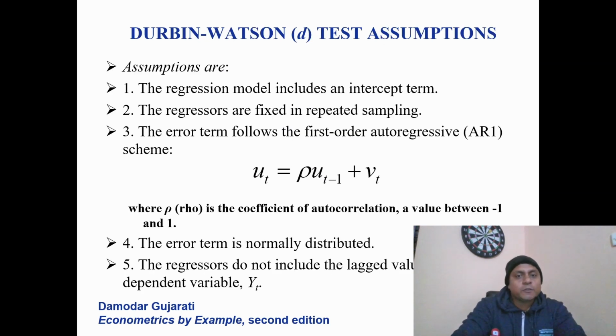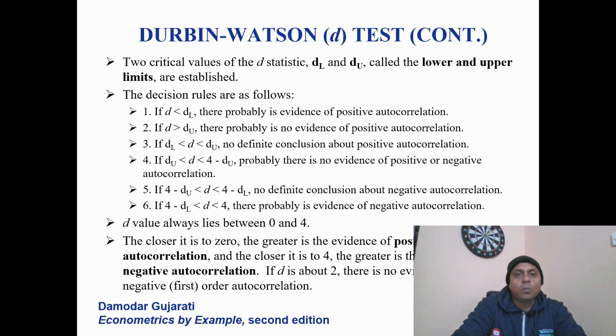What are the assumptions for the Durbin-Watson test? The regression model includes an intercept term, and we will look at what Durbin-Watson value it gives you. You will look at the value at the bottom, where you can find out very easily.